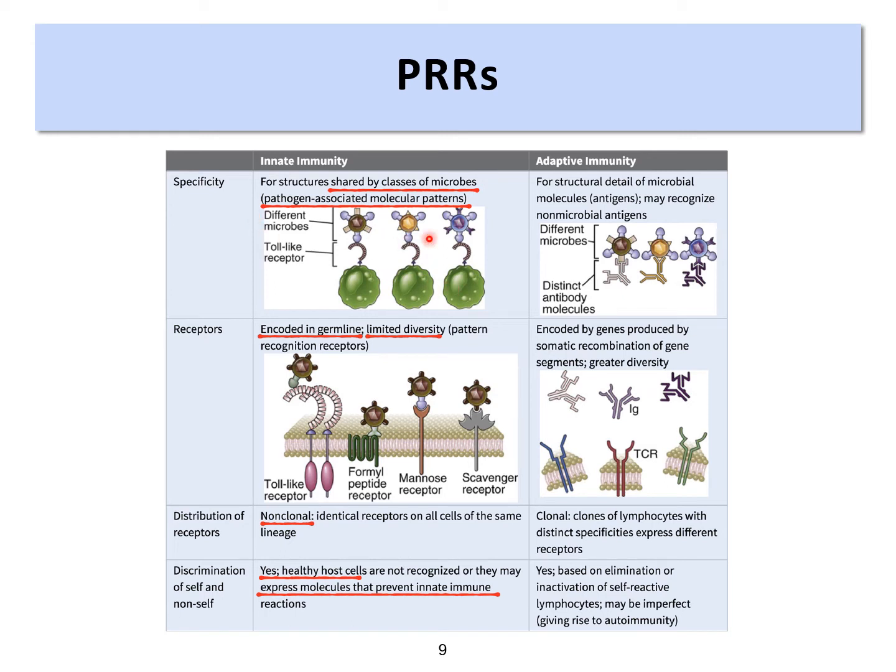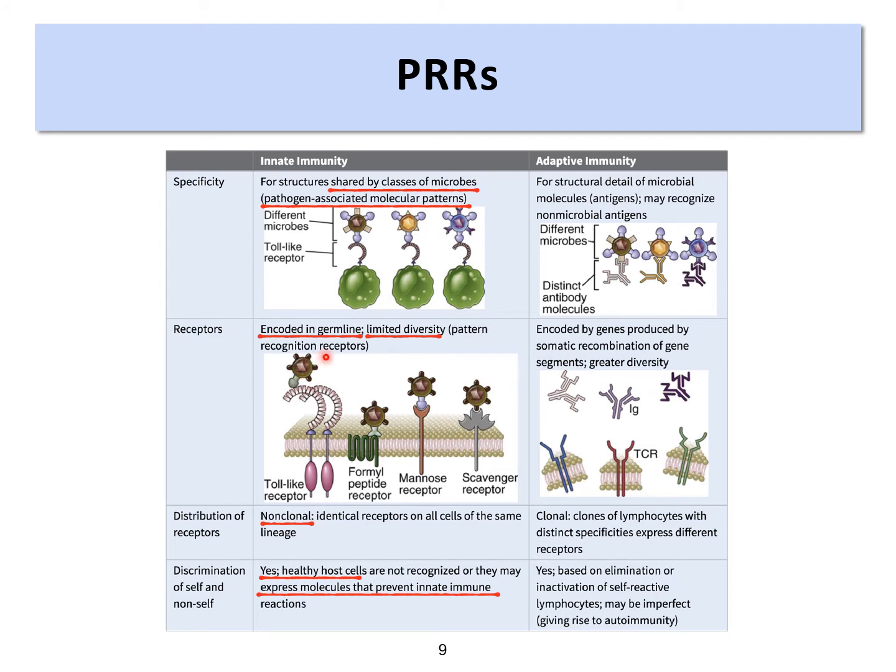In adaptive immunity, there is specificity for structural detail of microbial molecules, that is antigens, and it may recognize non-microbial antigens also. The cells in innate immunity have Toll-like receptors or pattern recognition receptors, whereas in adaptive immunity the recognition is done by distinct antibody molecules, and the antigens are the different microbes.